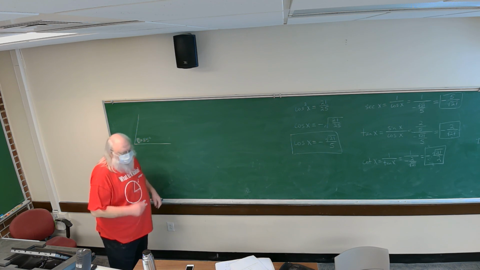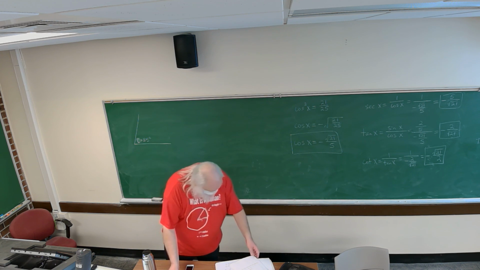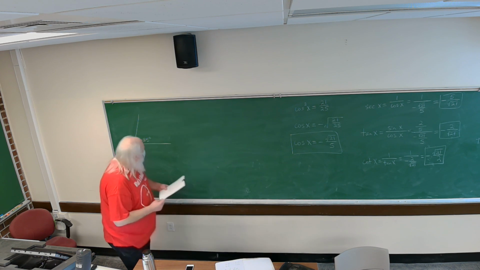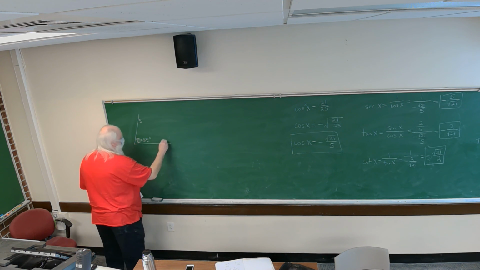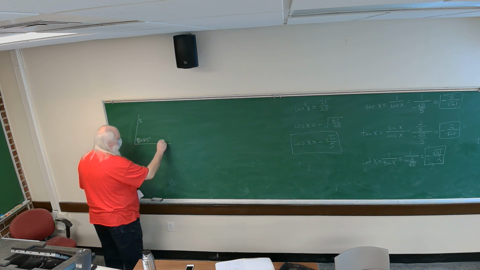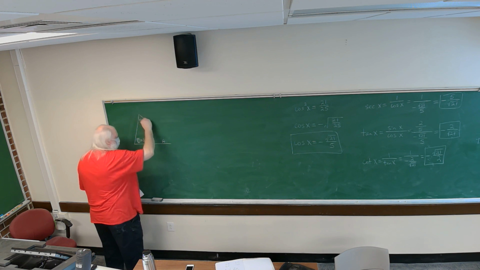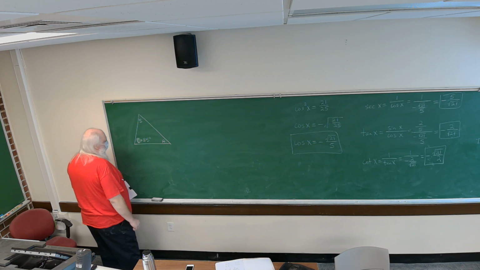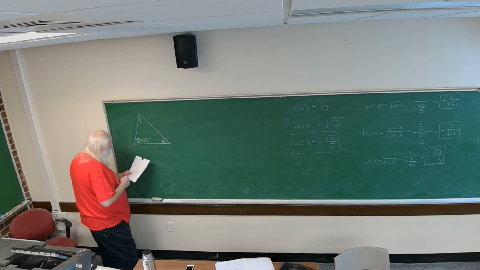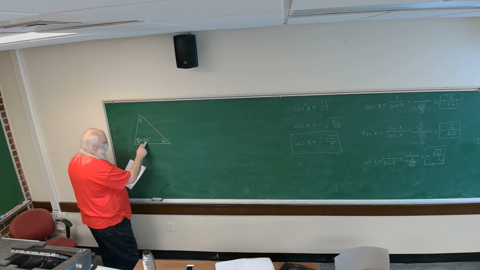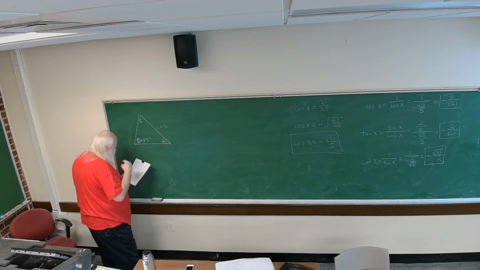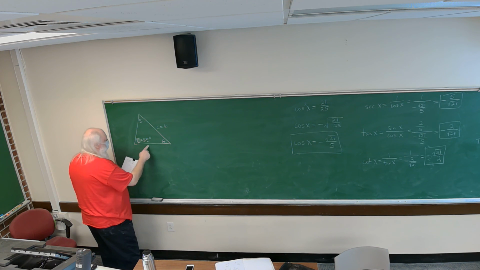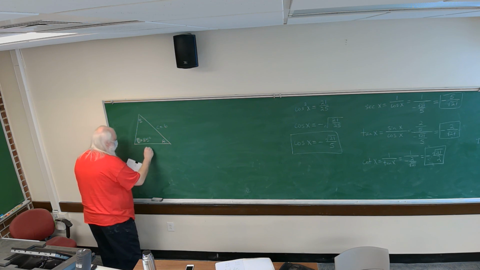All right. So angle C is equal to 85 degrees. So let's let this be angle B up here, angle A down here. Side c opposite angle C is 6 units long, and side b opposite angle B is 5 units long.